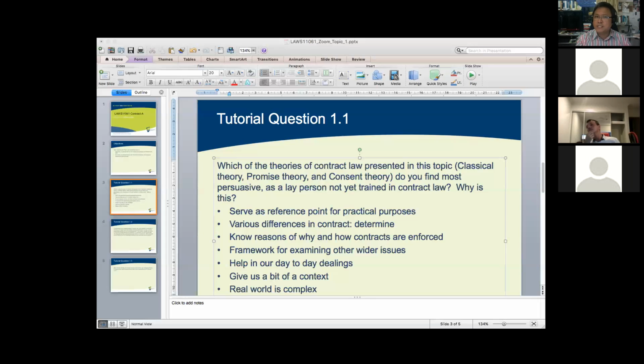Okay, questions on that subject before we move on to promise theory? None. Okay, let's move on. There were some of you, I think, who said that promise theory is persuasive. Can somebody explain why promise theory might appear to be more persuasive as a theory of contract law?